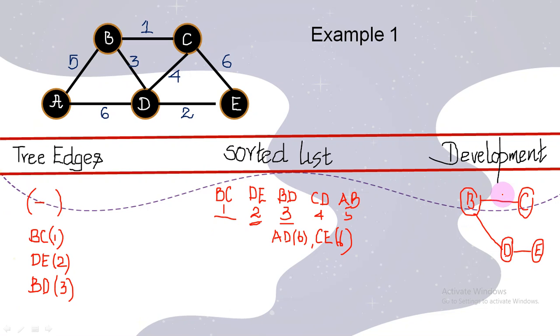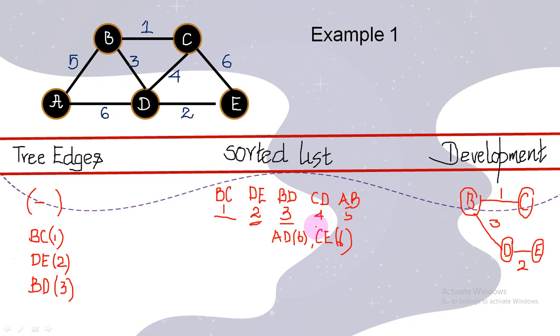This is 1, this is 3, this is 2. So 3 edges have already been chosen. Here there are 5 vertices. Therefore, we need to select one more edge so that it becomes 4. Please remember, in a spanning tree the number of edges will be the number of vertices minus 1.